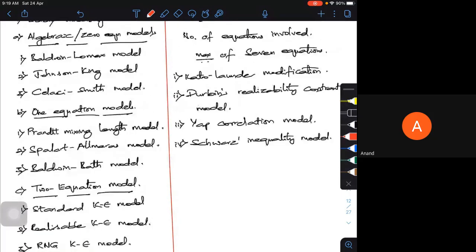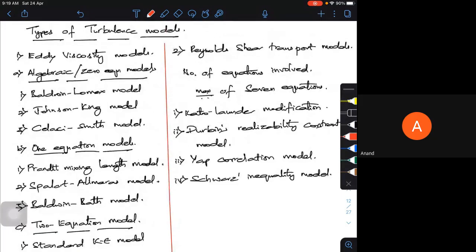But if you come to the right hand side, the Reynolds stress transport models, there are certain models, some 4 of which I have named. These models are used for a specific purpose, under conditions where I need more accuracy. They all fall into Reynolds stress transport models.